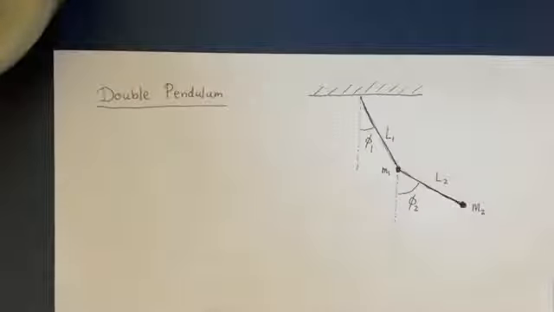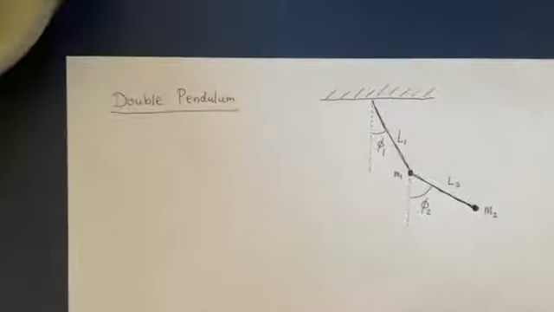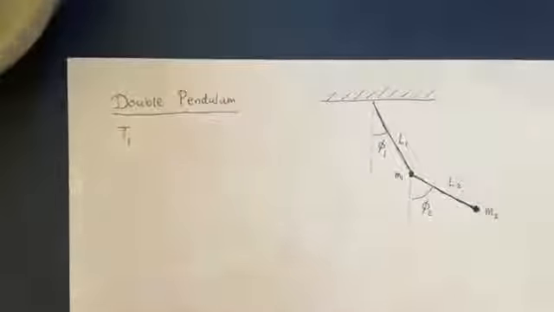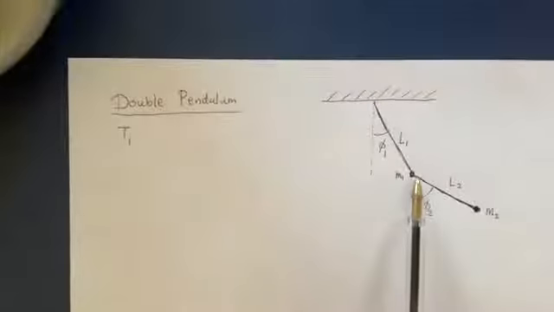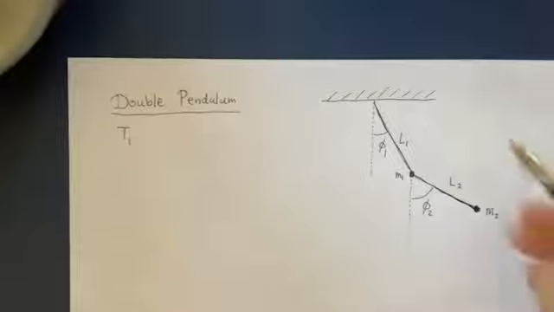Okay, so we're going to figure out the Lagrangian. Yes, indeed, we must figure out the Lagrangian. And in doing this, capital T once again is kinetic energy. The kinetic energy of mass number 1 here, we're assuming the rods are massless.